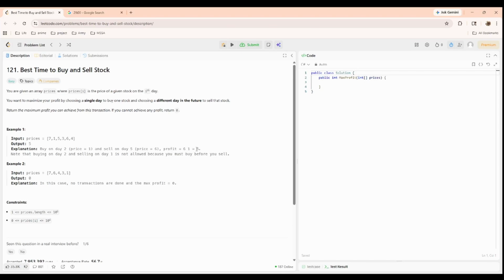Profit is 5. Note that buying on day 2 and selling on day 1 is not allowed because you must buy before you sell. Well, yeah. So in this other one, it's only getting cheaper, so you can't profit. In this case, no transactions. Okay.